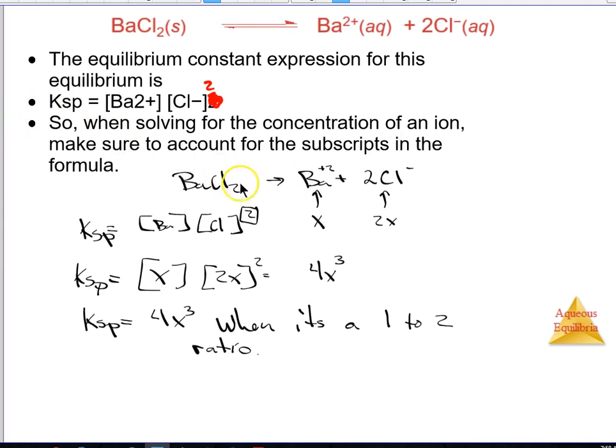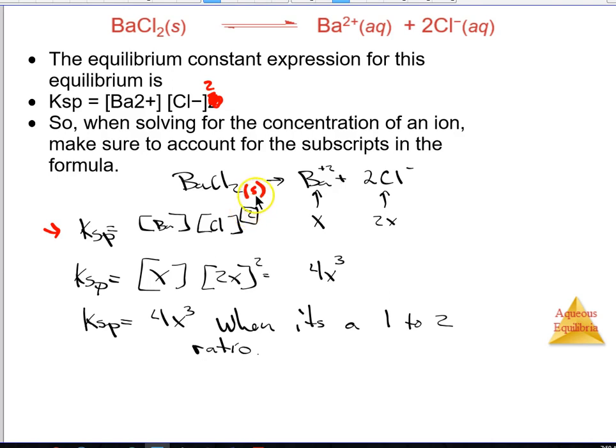Okay, so follow my logic here. If BaCl2 solid dissociates, it forms Ba and 2 Cl. We're okay with that. So my KSP would be equal to Ba, and just the pluses and minuses are here. I just didn't put them, but whatever. All right, and Cl squared. We okay with that so far?